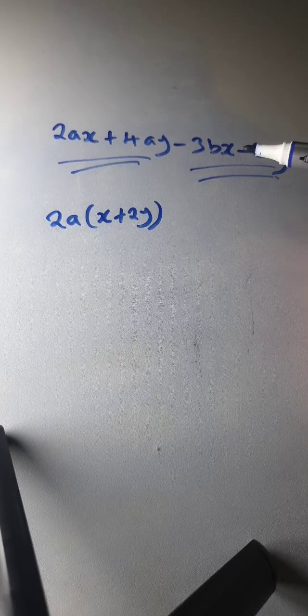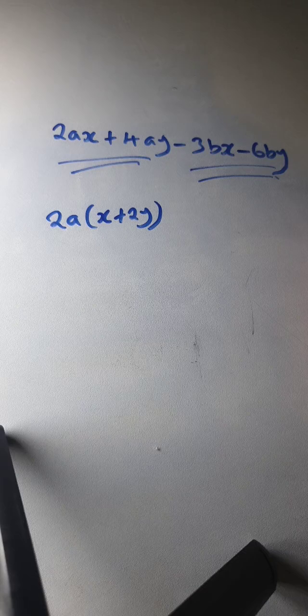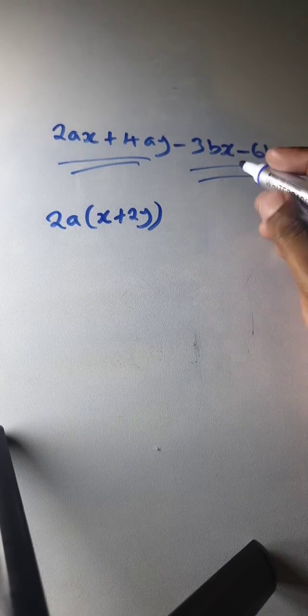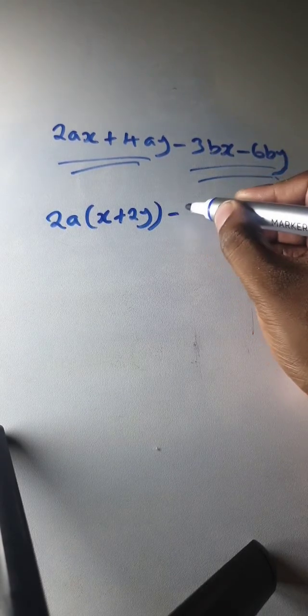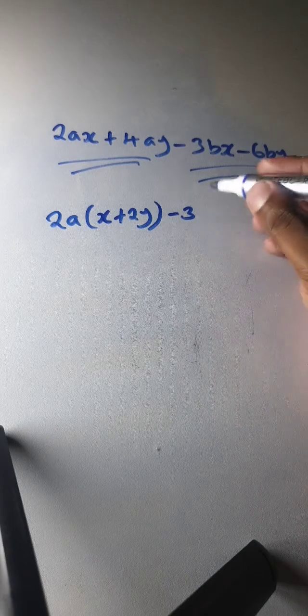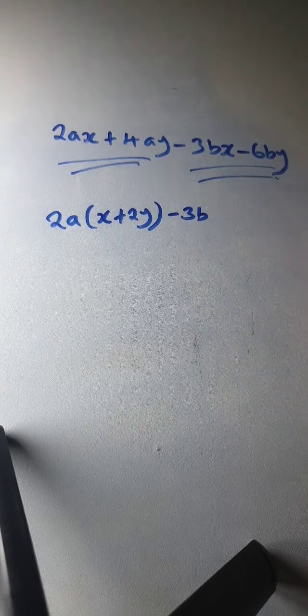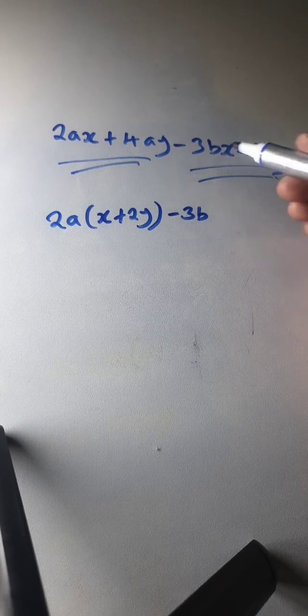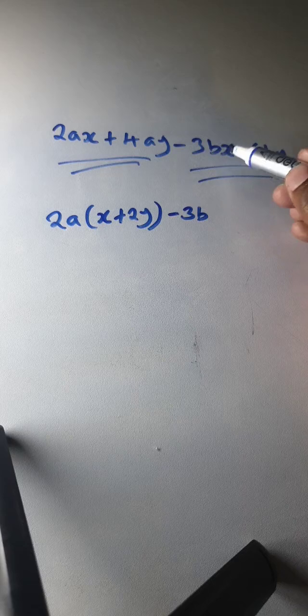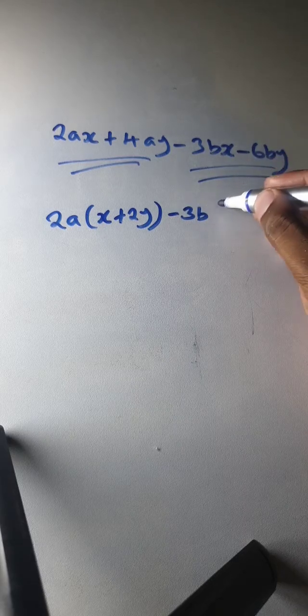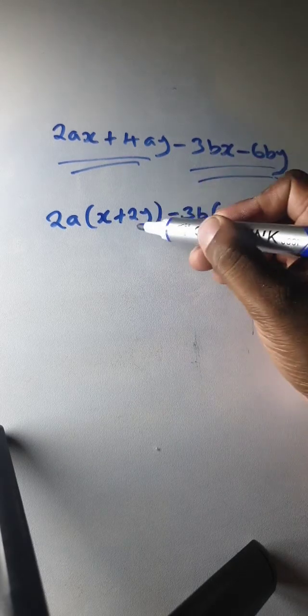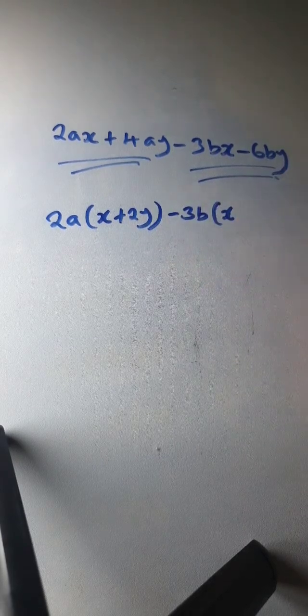What about the sign? Don't you think the sign is also common? So it would be -3b. So -3bx divided by -3b will remain with x. The key is to make sure that we have the same thing, even in that bracket.